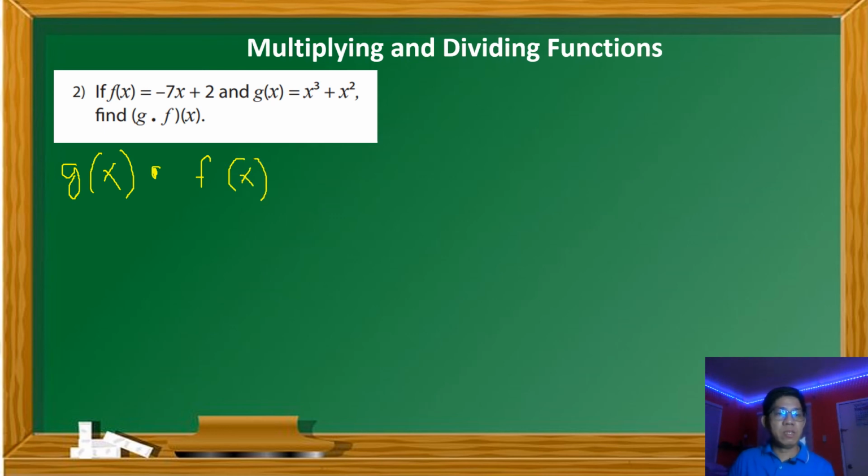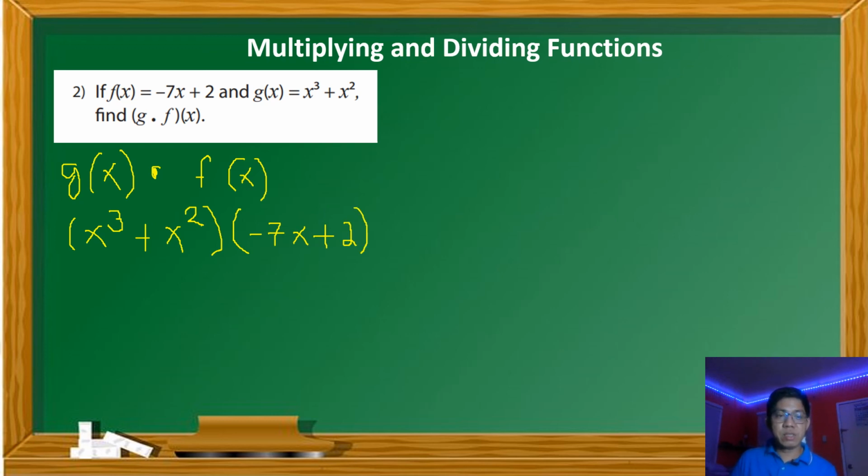Alright. So ang g of x natin is x cubed plus x squared. Then, yung f of x natin is negative 7x plus 2. Then, gamitan natin ang tinatawag natin na FOIL method.